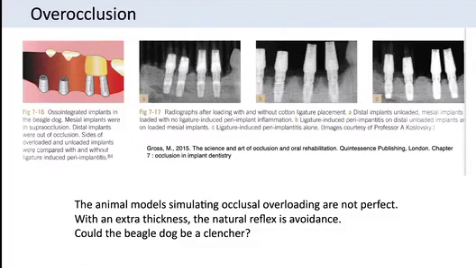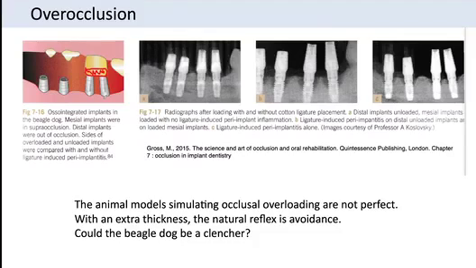When you create an over-occlusion on animal models, for example, you are loading the implant, okay, but frequently you create an avoidance reflex. So when you create a too thick crown, that doesn't mean that the animal or the subject clenches on it.